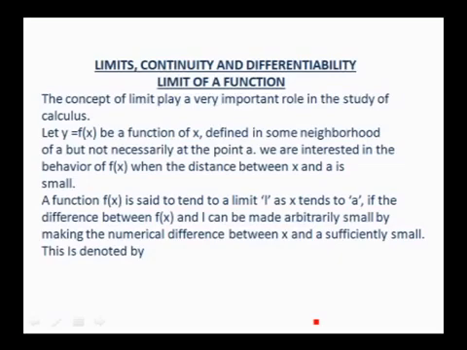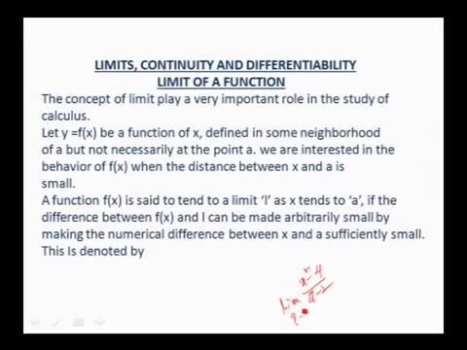What does it mean? Suppose you take f(x) = (x² − 4)/(x − 2). This function is not defined at x = 2 at all because it takes the indeterminate form 0/0. But in order to extend the definition at x = 2 also, we make use of limits.